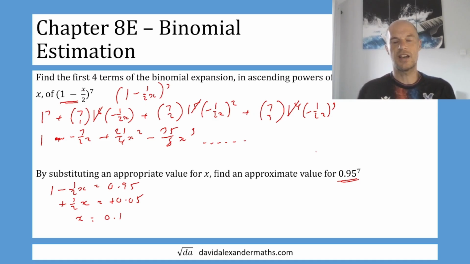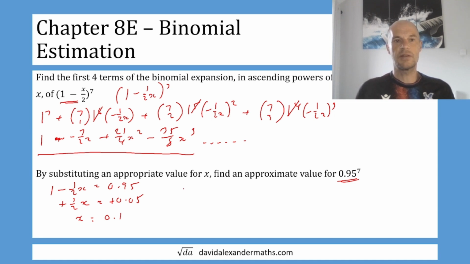So these two things are exactly the same. Now, since we know that (1 - 1/2 x) to the power of 7 is the same as 1 minus 7 over 2x plus 21 over 4x squared and so on, that means that if I substitute 0.1 into this expansion, I'm going to get an approximate value for 0.95 to the power of 7.